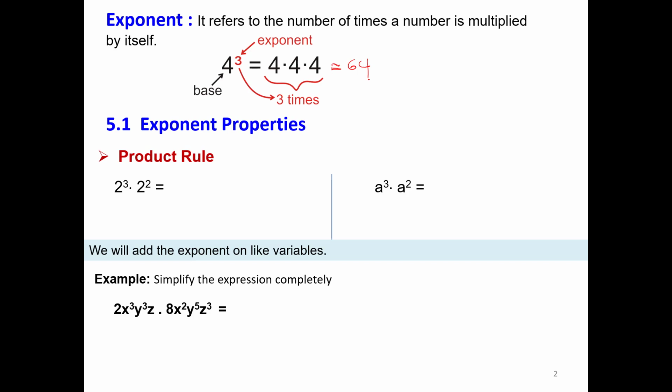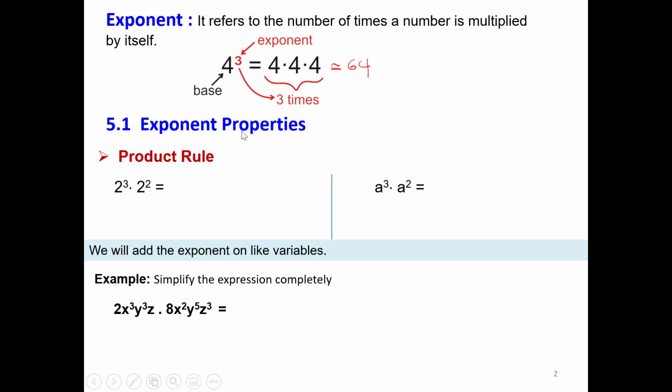Now we want to discuss the properties of the exponents. The first property we want to study is the product rule. Let's try to solve this. We have the product of 2 to the third times 2 to the second.